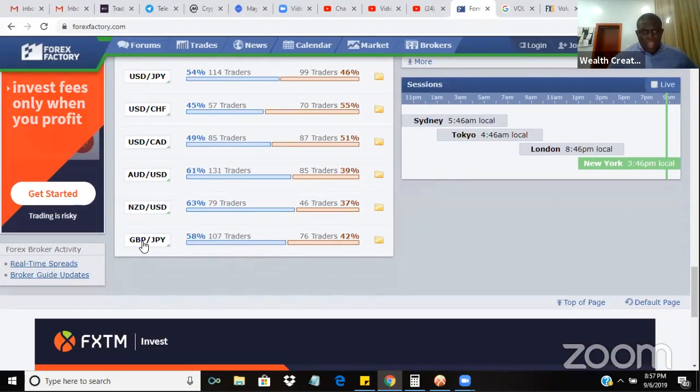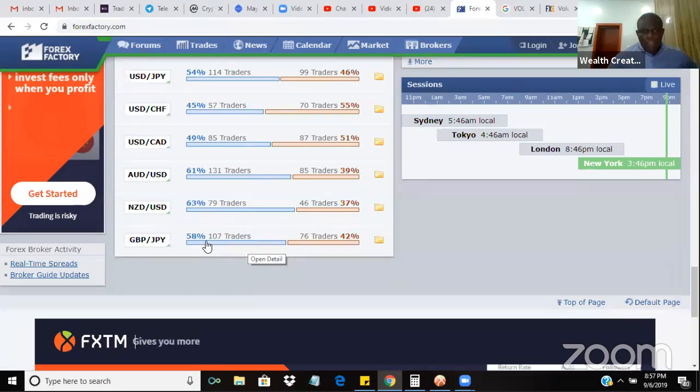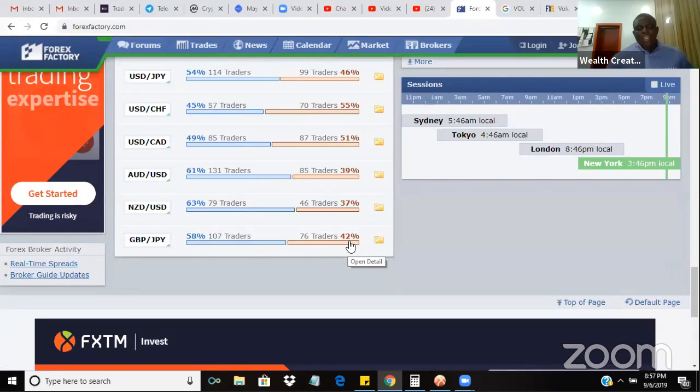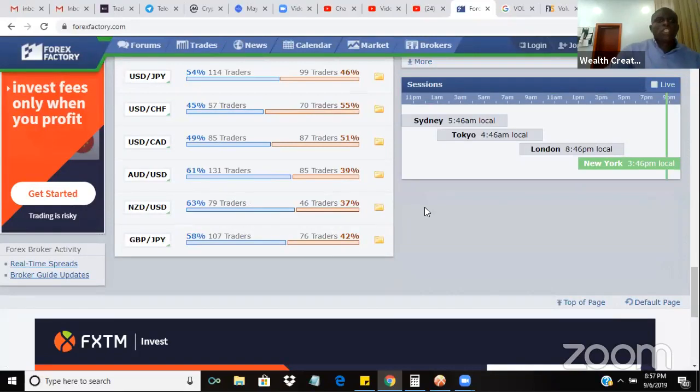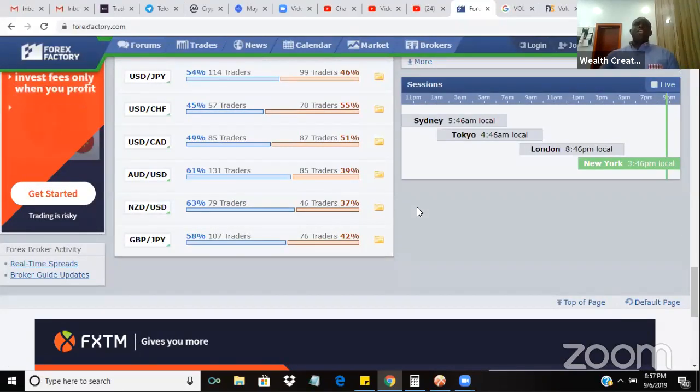GBP JPY, 58 traders are buying, 42 traders are selling. These are just sentiment. This does not have to do with what you want to trade, but it does have to do with where more people are putting money in, and you want to have an understanding of that.